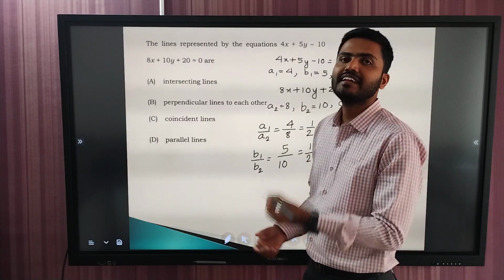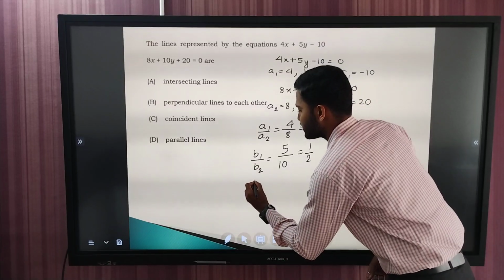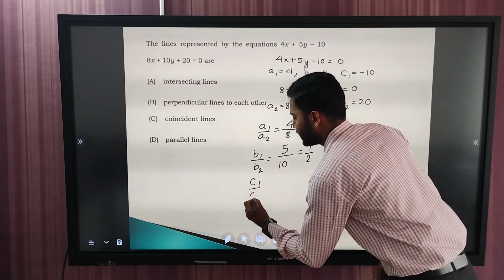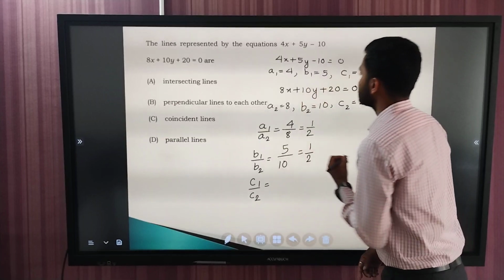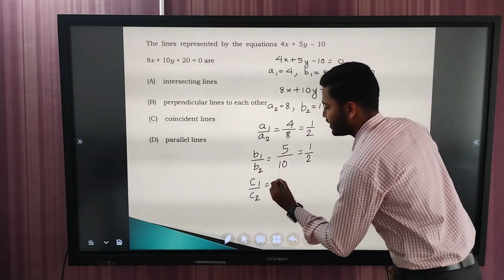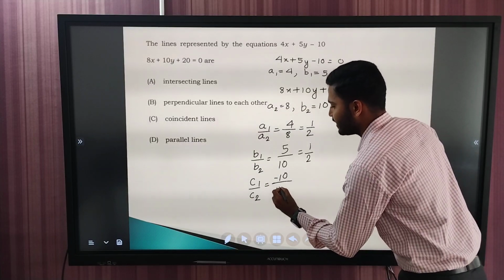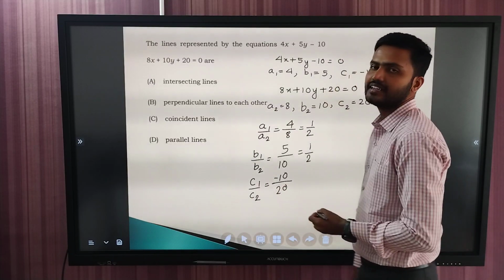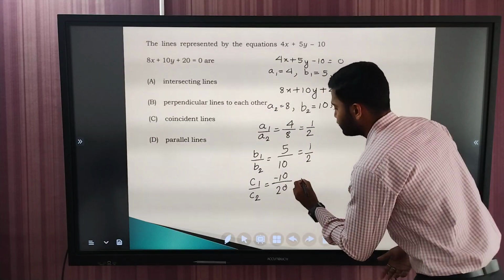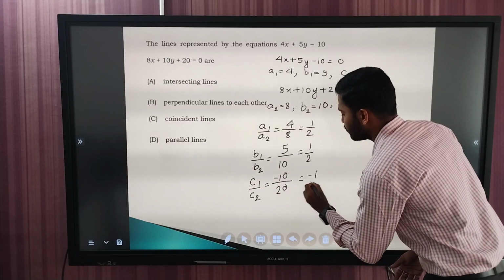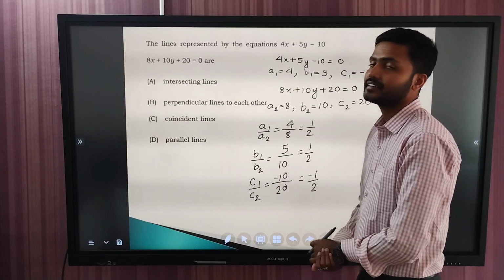Alright? And finally, let us see for c1 by c2. What does c1 by c2 become? Let us check. So what is the c1 value? It is minus 10. The c2 value is 20. Correct? So minus 10 divided by 20, this is going to be minus 1 by 2. Correct?